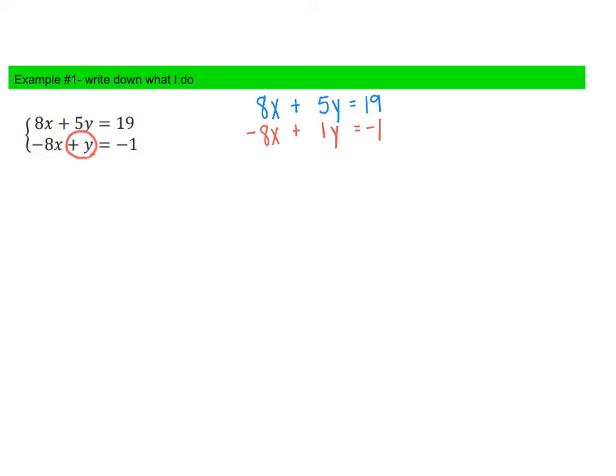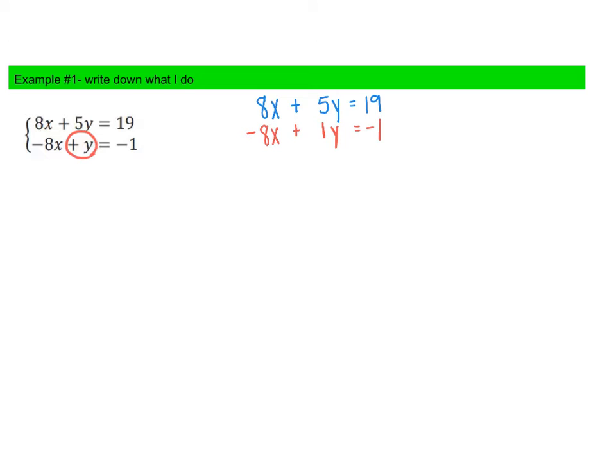So what I'm going to do is look at my x variables and my y variables, and ask myself, which one of these is going to be easier to eliminate? Remember, we will be adding these equations. If I add my x's together, 8x plus negative 8x, they get eliminated. So that is the choice I'm going to make here.